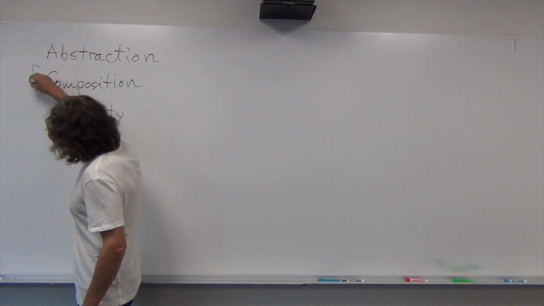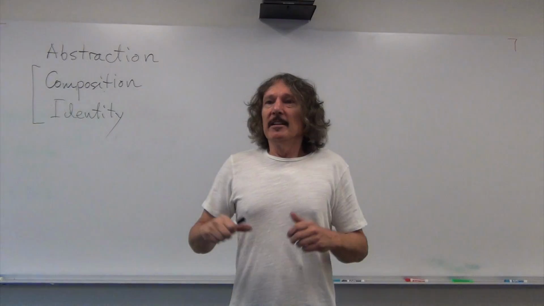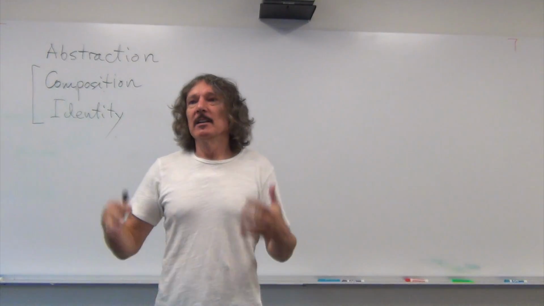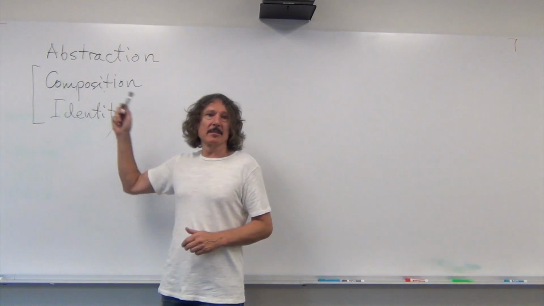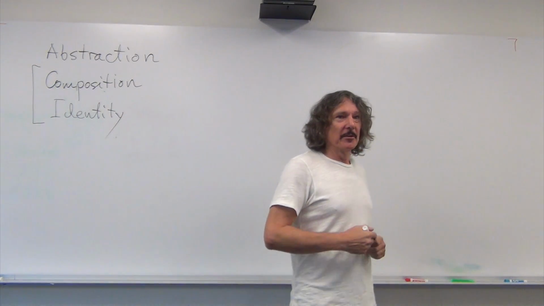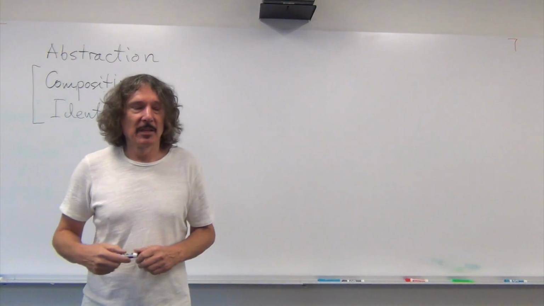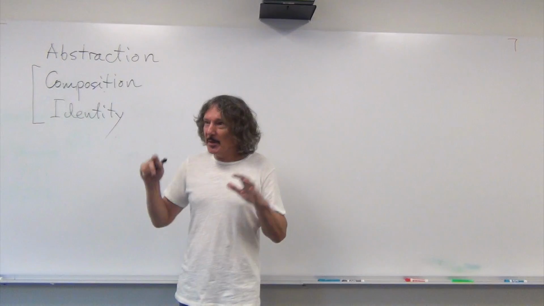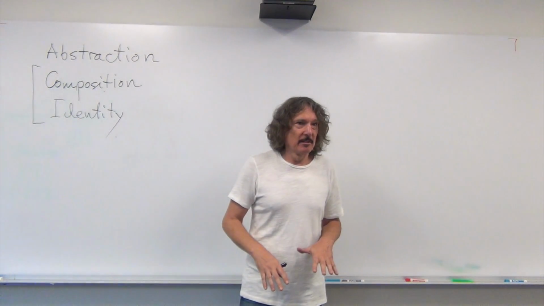So, composition and identity, these two things, they just define category theory. This is all there is in category theory. Okay? It just encompasses composition and identity. So, you are now ready for the first definition.